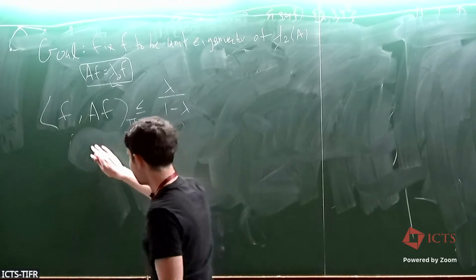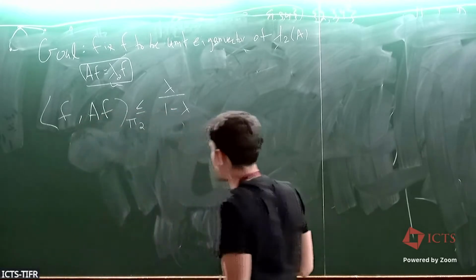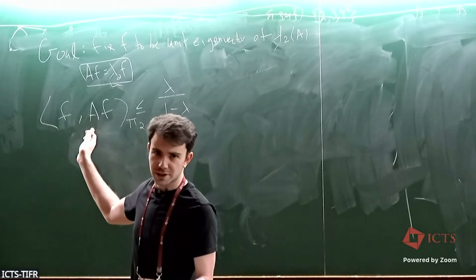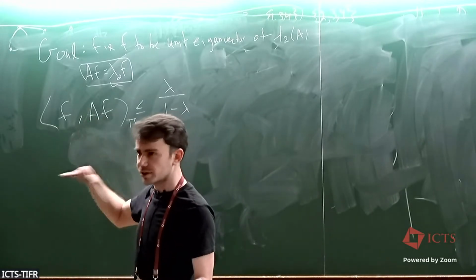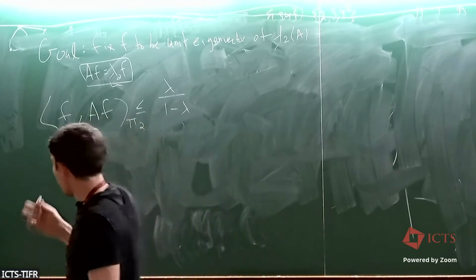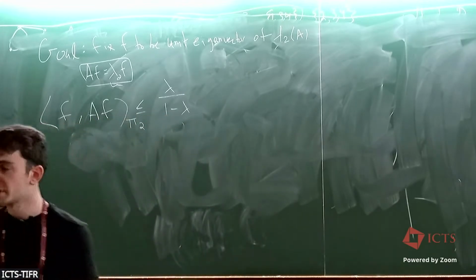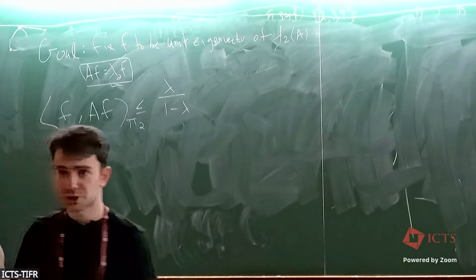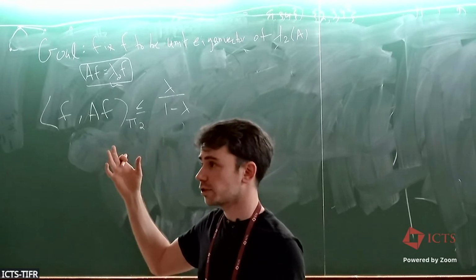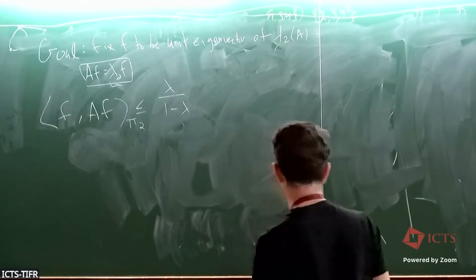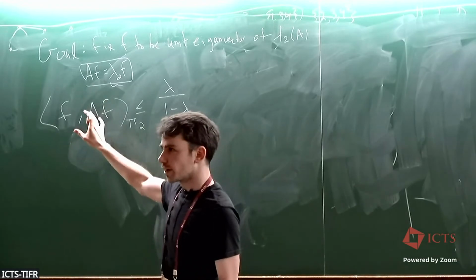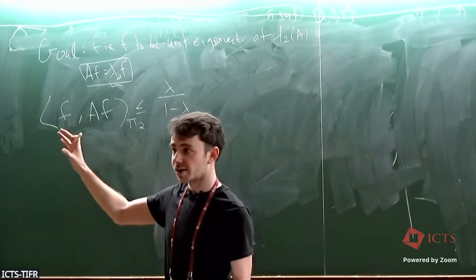Okay. So what information do I have? I don't know any global information about this graph A, the one skeleton, the underlying graph of my complex, except that it's connected. But I do have local information: on all of the links, the restrictions to vertices, my underlying graphs are spectral expanders. So I want to come up with some method to divide this inner product up into an expectation over local inner products on the links.